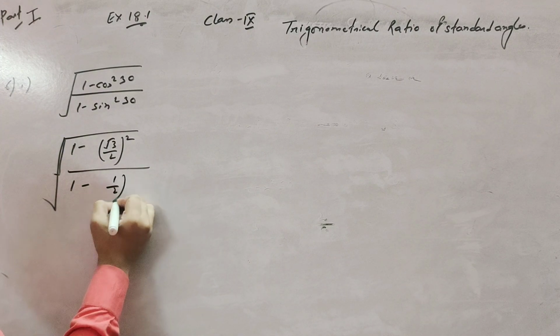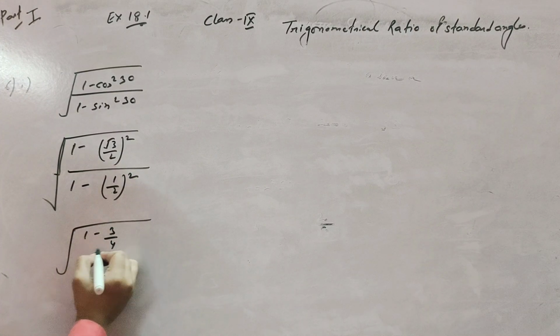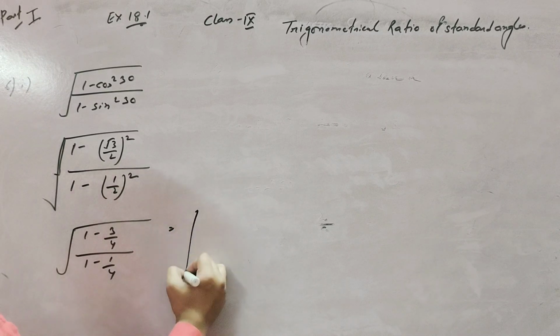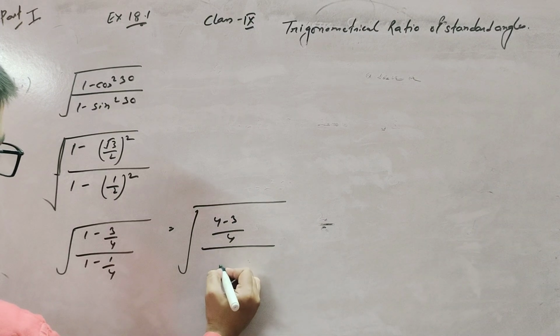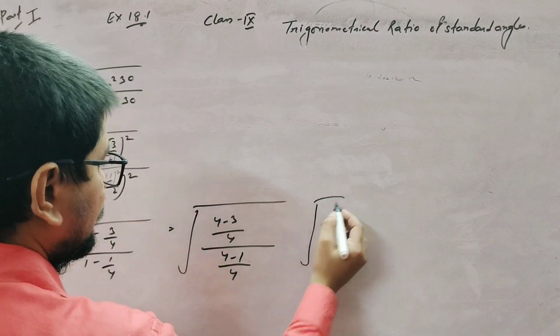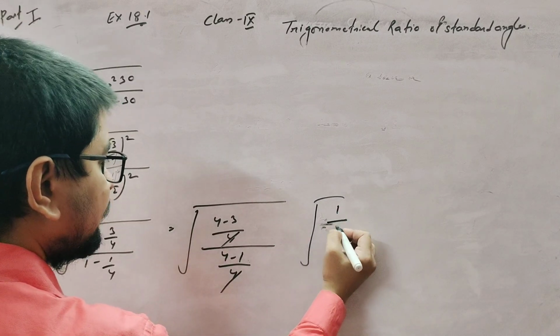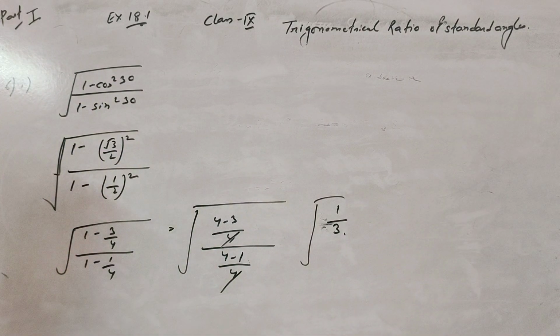Sin square 30 is 1 by 2 square. So 1 minus 3 by 4 and 1 minus 1 by 4. Okay, so 4 minus 3, 4 minus 1. So this 4 cancels, 4 minus 3 is 1 and 4 minus 1 is 3.